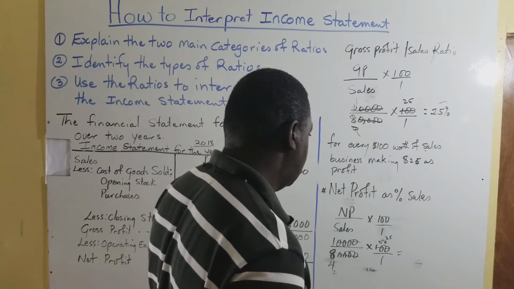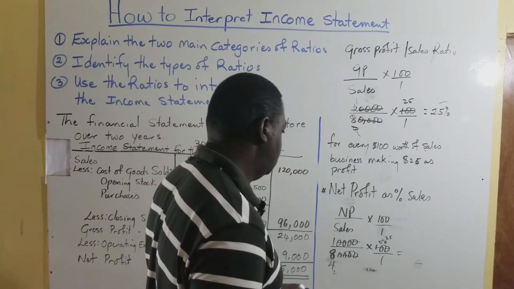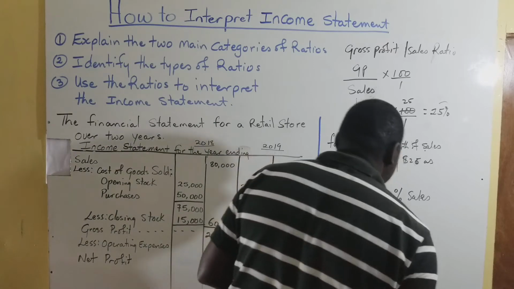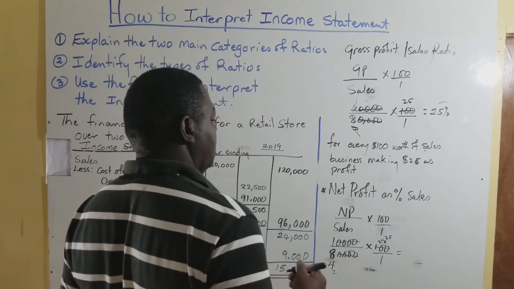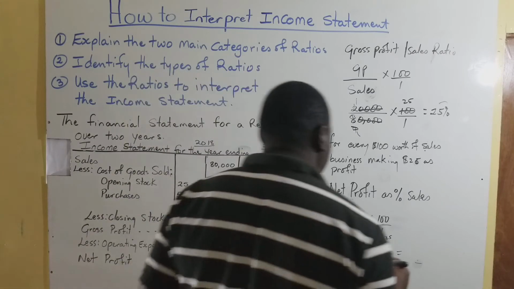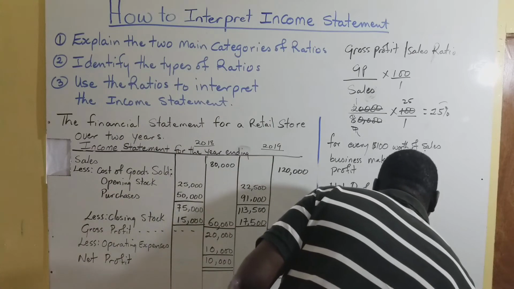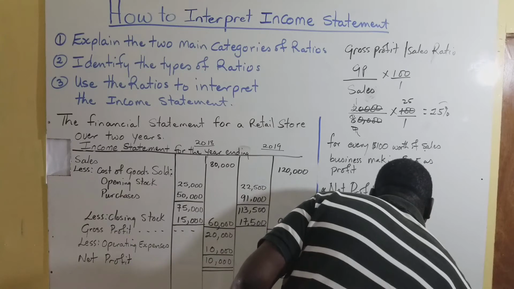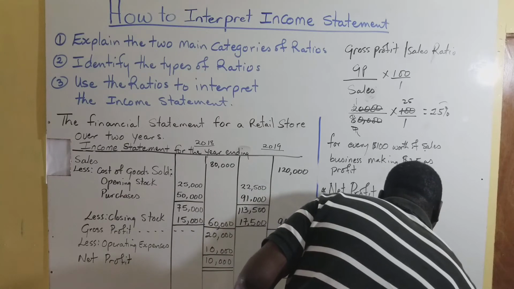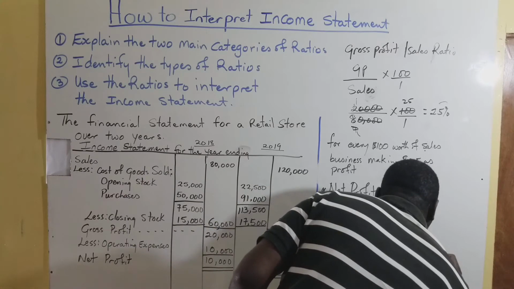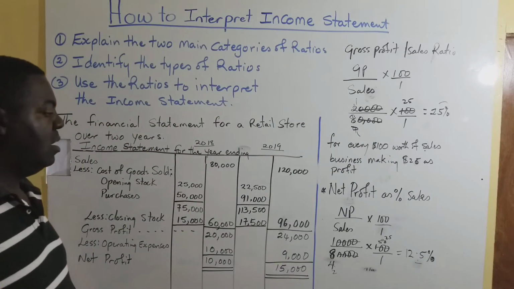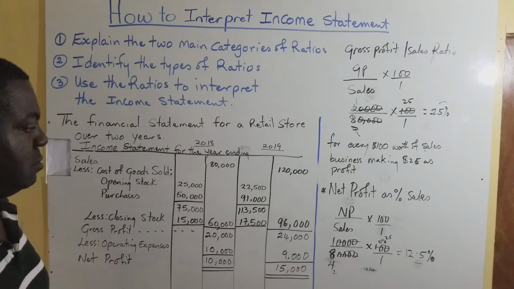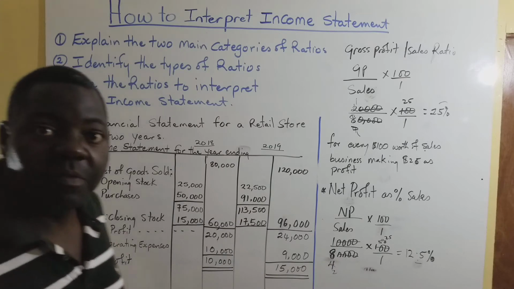That almost looks like 13.5%. Half of that is going to be 12.5, yes, 12.5%.